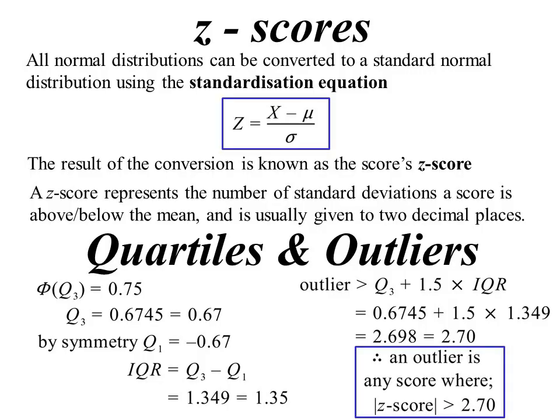And obviously, at the other end, it would be negative 2.7. So any z-score outside that range, so less than negative 2.7 or more than 2.7, is an outlier. Now, why are outliers important? Well, when we're looking at the statistics, outliers can really throw your data out. It's an anomaly, and so sometimes we'll just exclude them from the data.